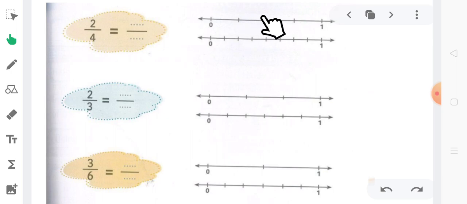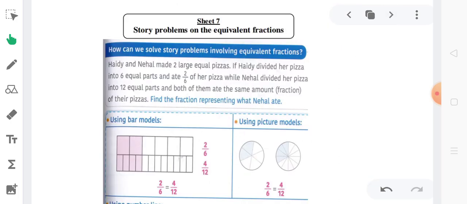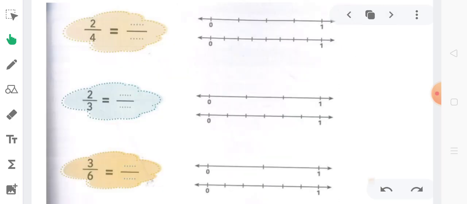This is 1, 2, 3, and 4. So we can represent 2/4 in the first number line as we have 0 and 1. 0 over 4, then 4 over 4. Yes, 1 over 4, 2 over 4, 3 over 4. This is 2 over 4 that we need.